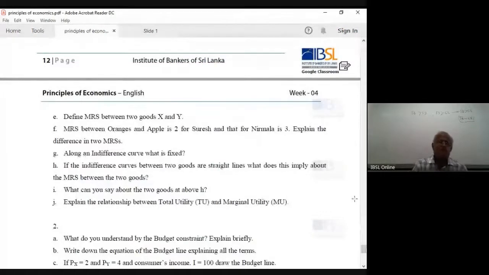Define MRS between two goods X and Y. What is MRS between two goods X and Y?